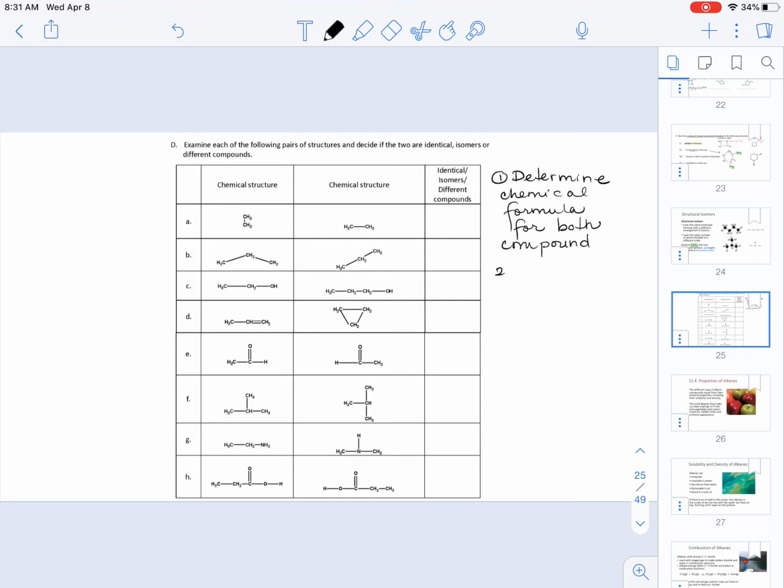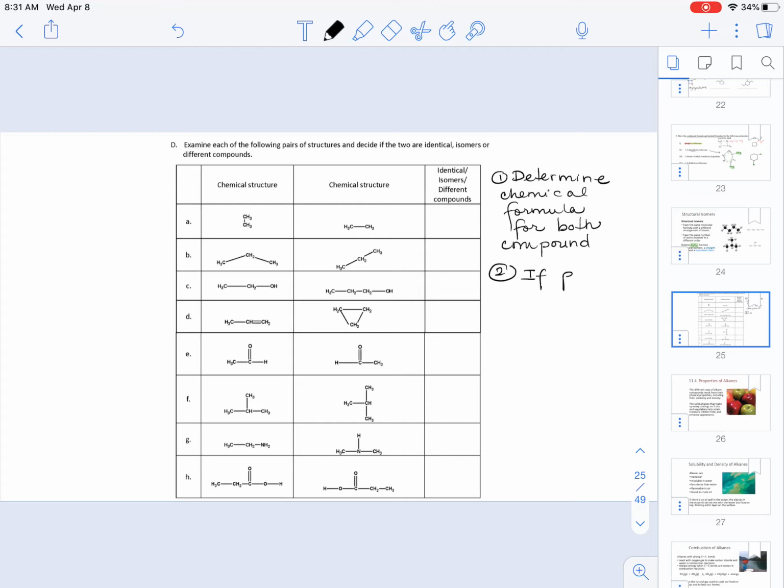Number 2, so far, you can determine if you can, because there's going to be some functional groups here that you can name.